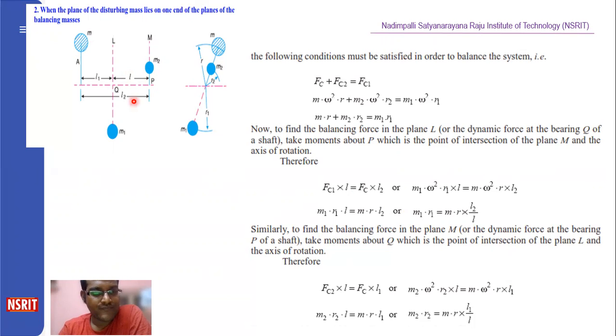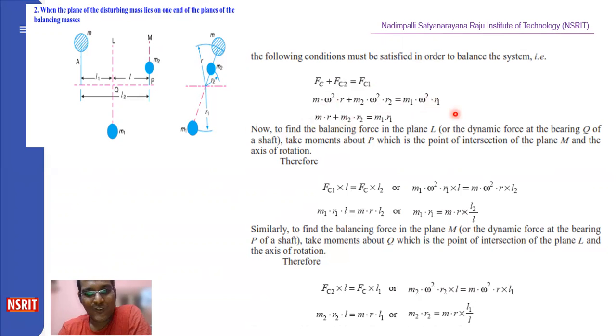Based on this figure, for mass M we have Fc, and for M2 we have Fc2. These two are on one side, and M1, that is Fc1, is in the opposite direction. Fc is equal to m r omega square, Fc2 is M2 R2 omega square, and Fc1 is M1 R1 omega square. As you know, omega is constant, so m r plus M2 R2 is equal to M1 R1.